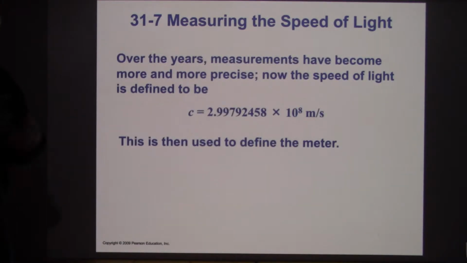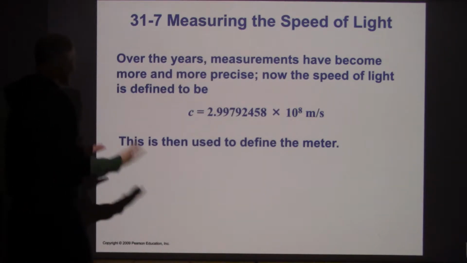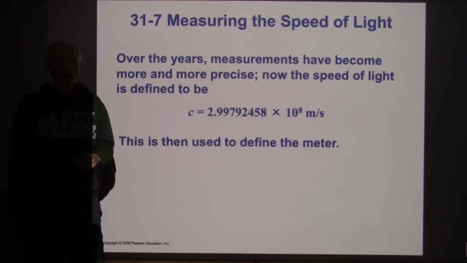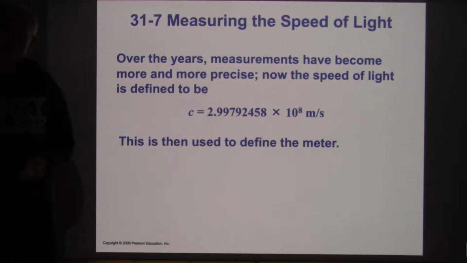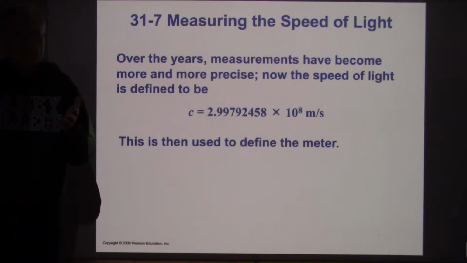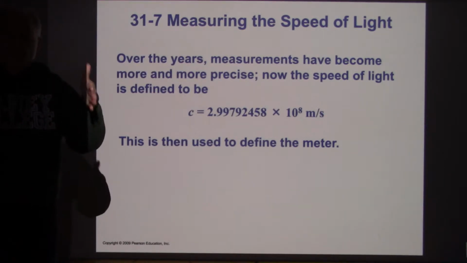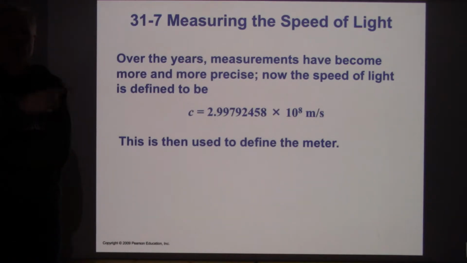Now, the speed of light measurements have gotten to be so good and so careful that we now feel like our measurements of the speed of light are the most reliable method for defining a meter. So originally, a meter was supposed to represent, all the way around the circumference of the Earth would be 40 million meters, 40,000 kilometers.